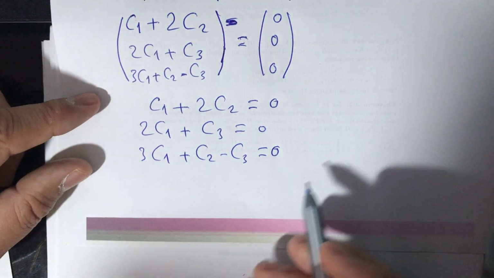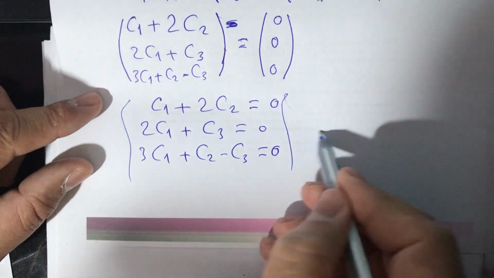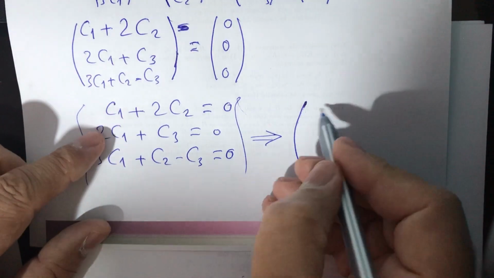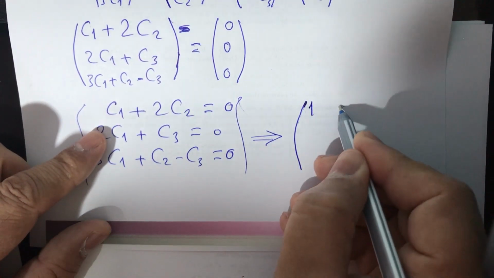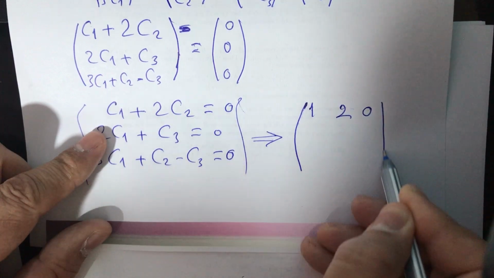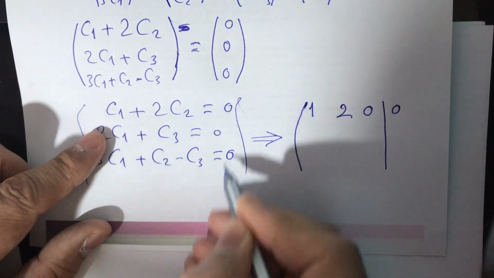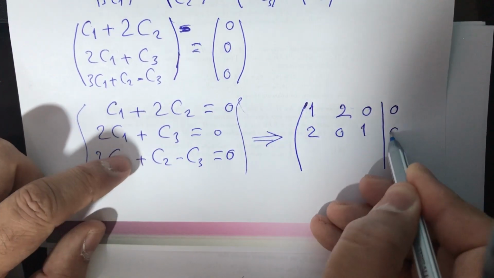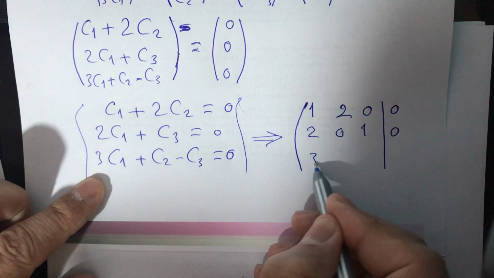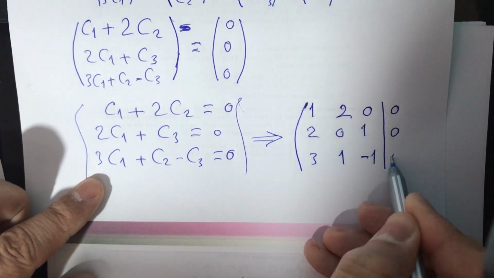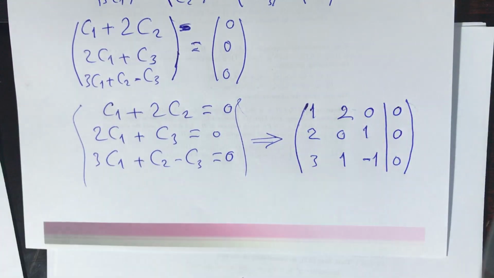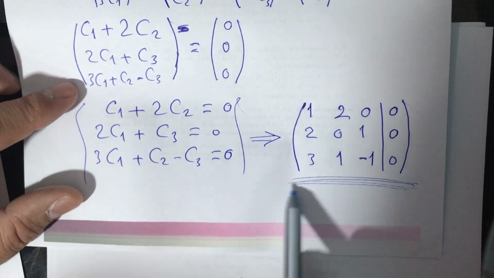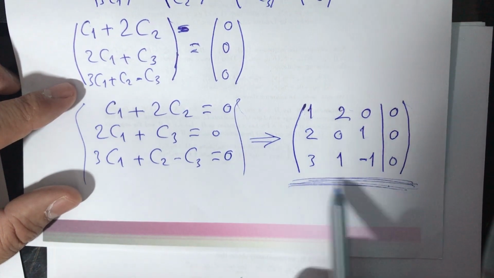And this we can move to a matrix. This matrix will be: here 1 2 0, and here this is equality, this is 0, and here 2 0 1 and 0, and here 3 1 -1 and 0. And try to solve this system by the Gauss-Jordan method.